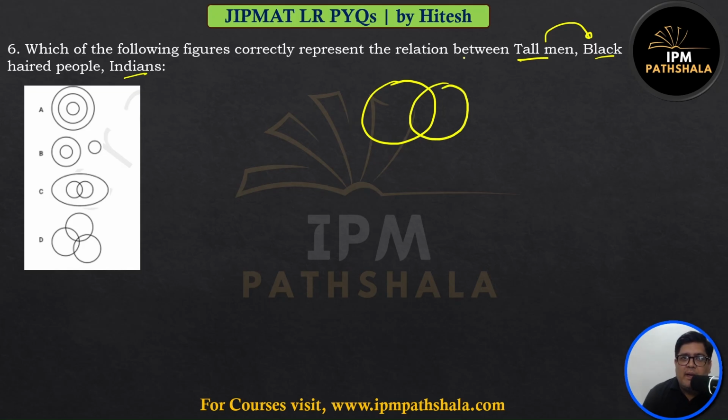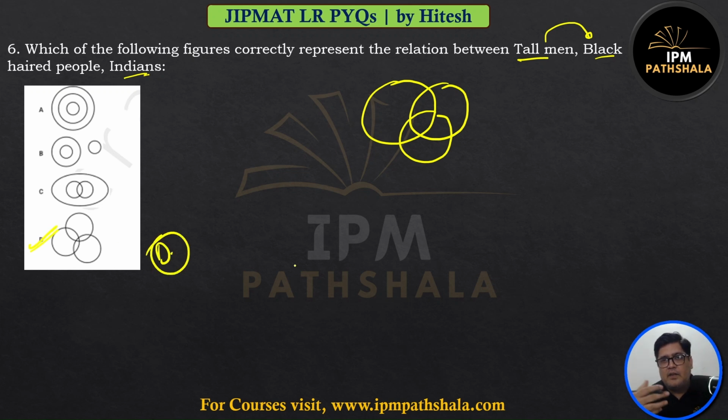Now, some tall men can be Indians, some black haired people can be Indians. So something like this. So a small amount of overlap between these elements. I see answer option D looks like that. This is a question based upon Venn diagram. Again, 30-second question. You should definitely solve such questions in the exam.